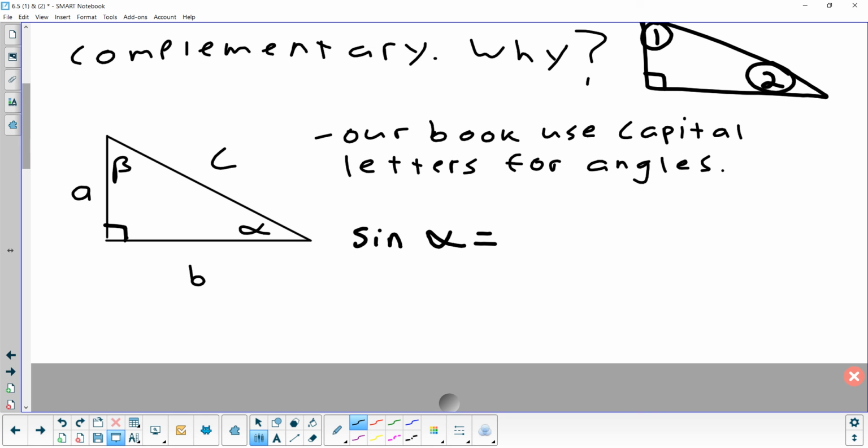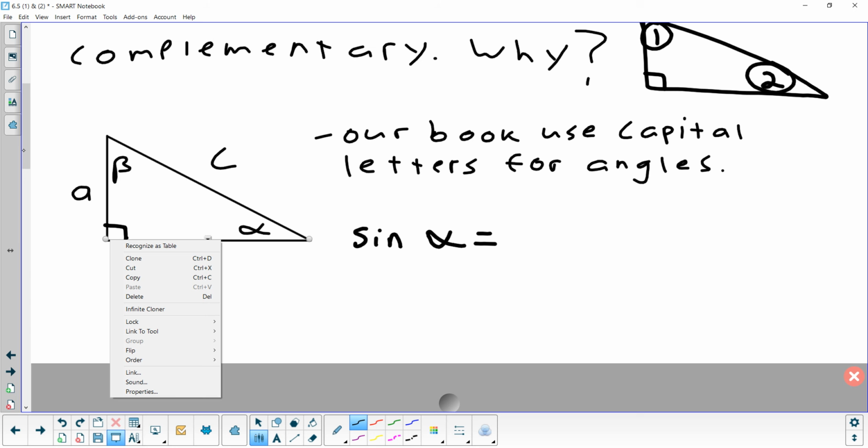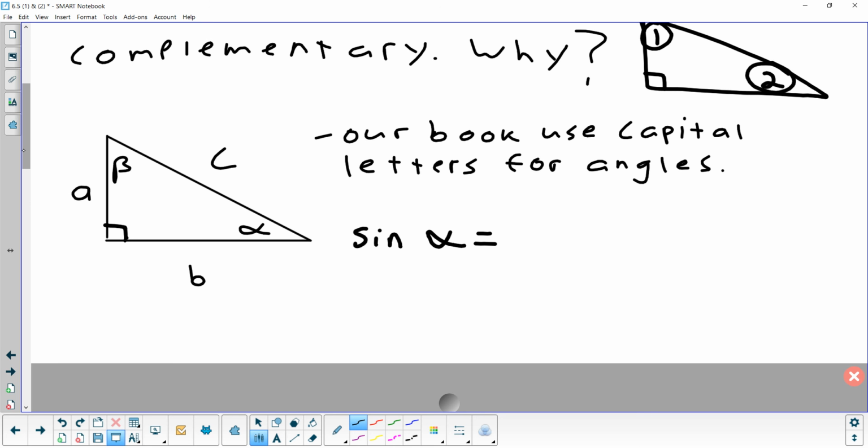So beta is an angle. We're looking for a side. C is hypotenuse, because that's across from a 90. Opposite and adjacent have to be the legs. Opposite is the side that's farthest away from your angle.